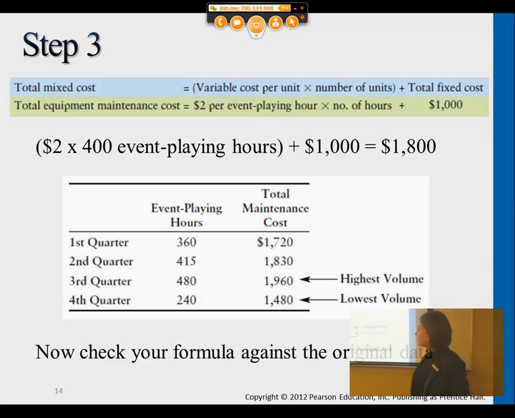If I just analyze the numbers, it should make sense, because it's definitely lower than my highest volume, which is 1960 for the 480 hours, but it's also right below the second quarter, which is 415, and that was 1,830. So it looks like it makes sense. So that's how you would be calculating this. So what did I do with the 3 steps? I found with my high-low method how to separate the cost.